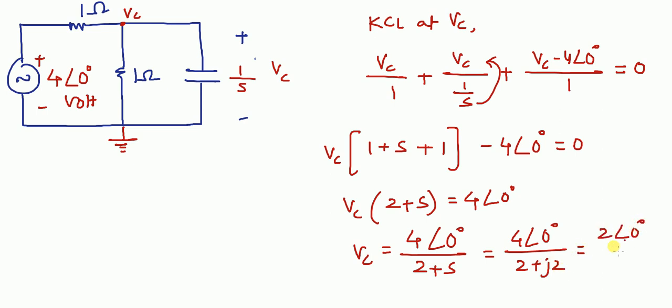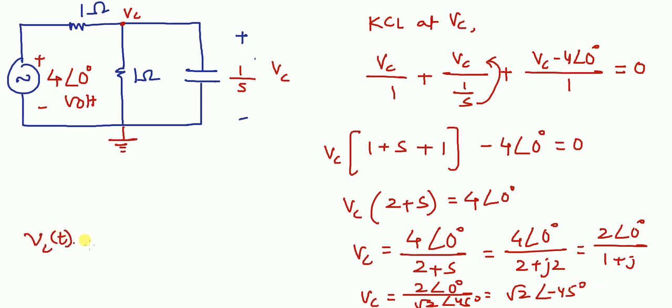This will be 2 at an angle 0 over 1 plus j, and VC is 2 at an angle 0 over root 2 at an angle 45 degree, or in phasor form it is root 2 at an angle of minus 45 degree, and in time domain VC(t) is root 2 cos(2t minus 45 degree) volts. So in this way we can find the sinusoidal steady state response of circuit.